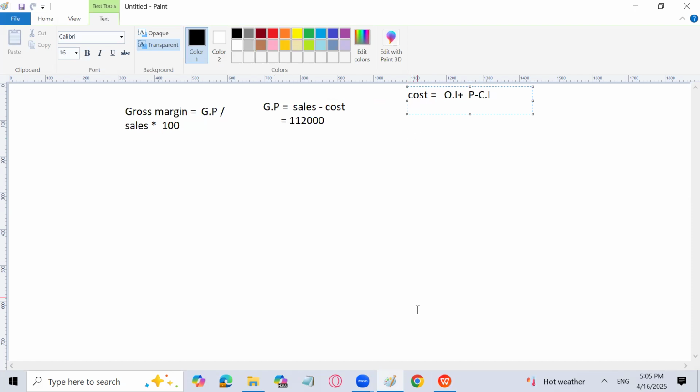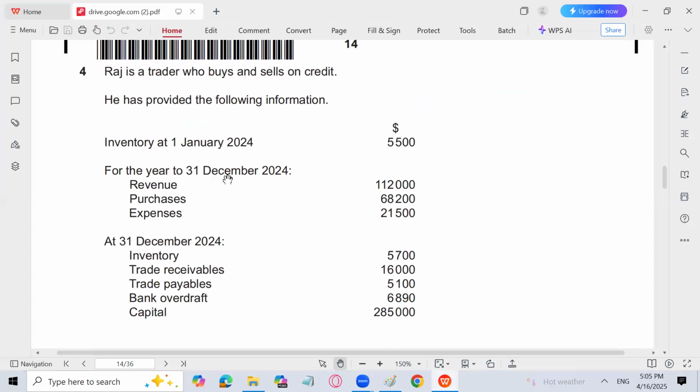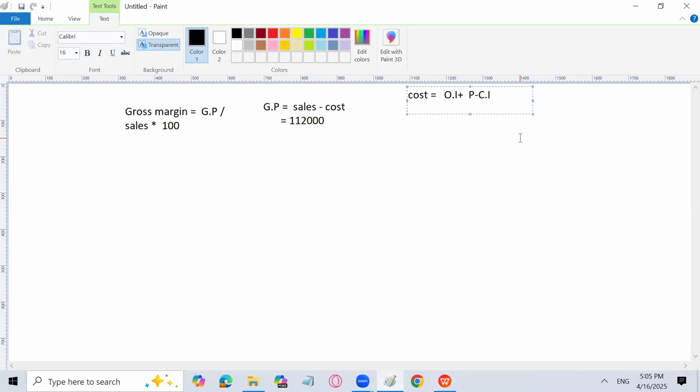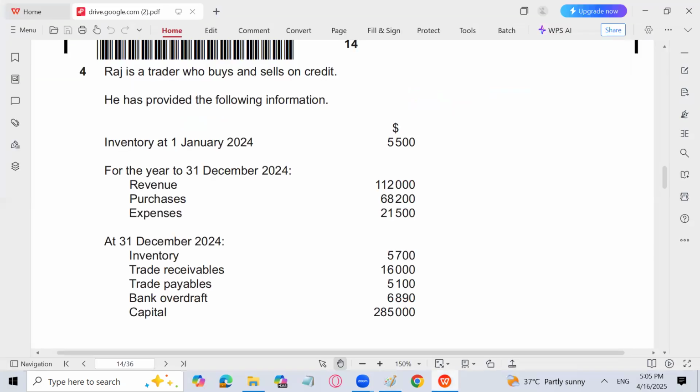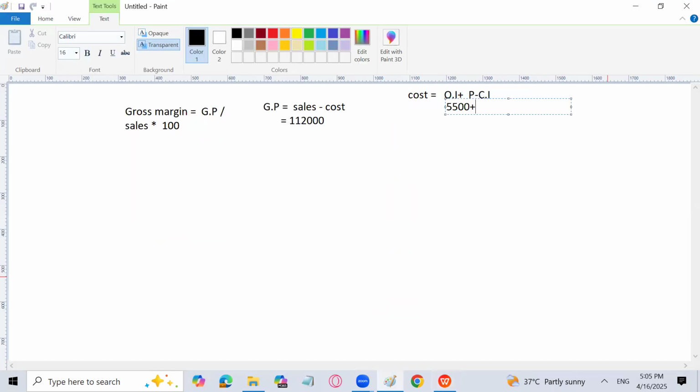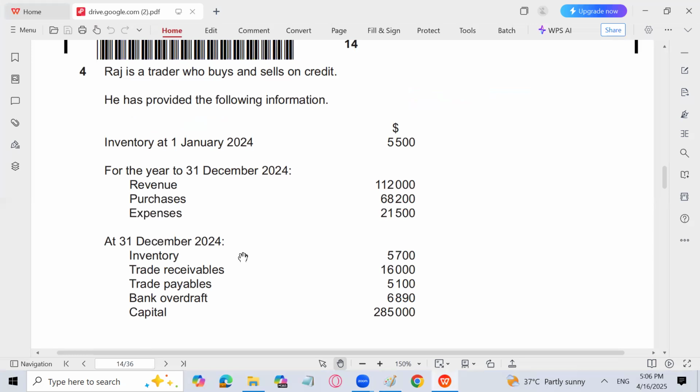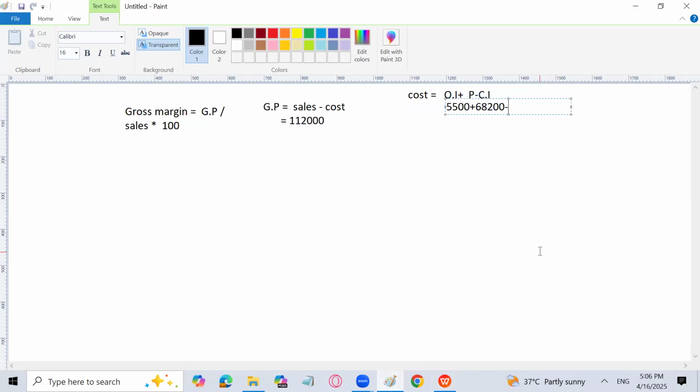The opening inventory given in the question is 5,500 plus purchases 68,200, minus closing inventory. Closing inventory is given here, 31st December, 5,700. I will subtract 5,700. What is the answer for cost of sales?